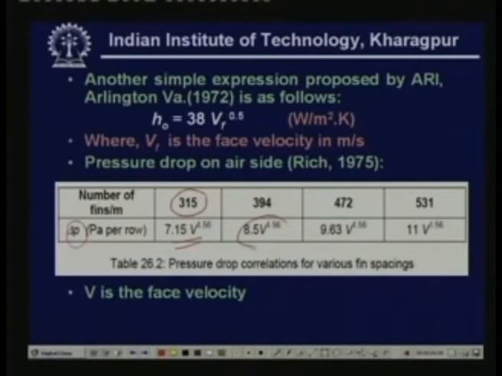Similarly, this is the expression for 394 fins per meter, this for 472 fins per meter, and this for 531 fins per meter, and here again V is the face velocity. So this is again a simple empirical correlation based on experimental observations.